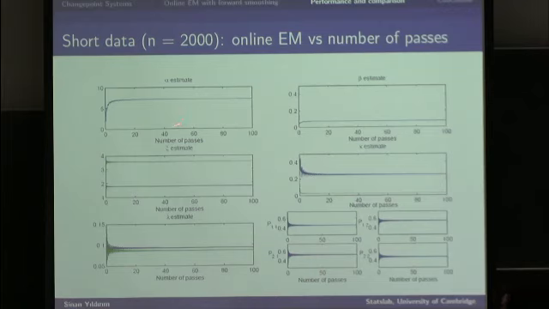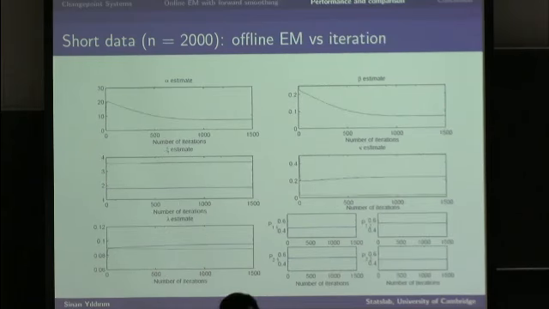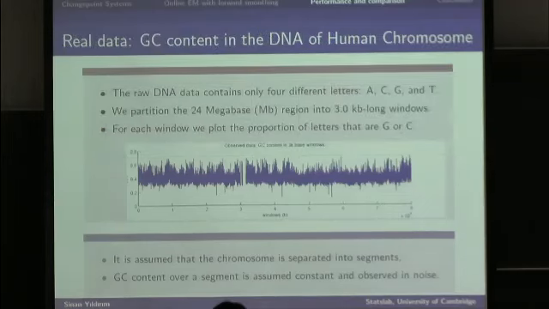You can see that most parameters converge after about 30 passes over the data. If I compare it to the offline EM, classical batch EM, we need at least 1,000 iterations, 1,000 passes over the data. So it can be beneficial to use online EM, even for short data sequences.